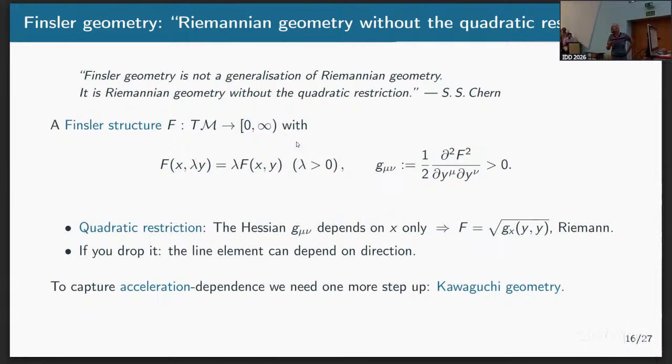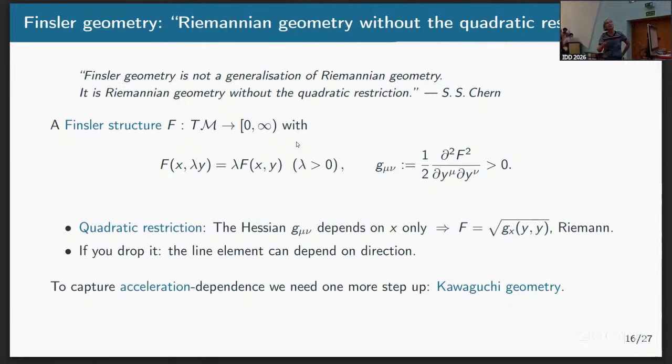So Finsler geometry is defined on a smooth manifold M with the Finsler structure defined as a map from the tangent bundle to the positive real line. And these functions satisfy a homogeneity property. Note here x is the coordinate on the smooth manifold, y is the coordinate on the fiber. So in our case, this would be the velocity vector, for example.